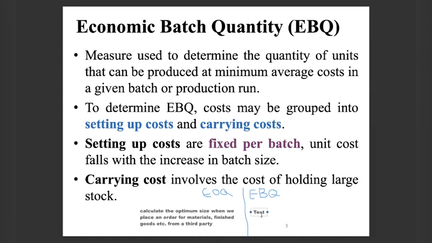Then EBQ that we learned just now. What happened? EBQ is used to find out the batch size for a production run, in simple terms, okay?